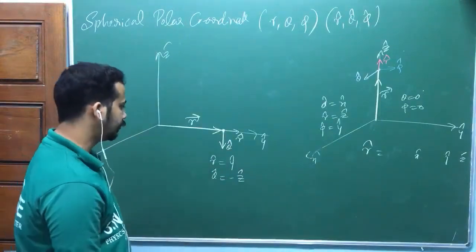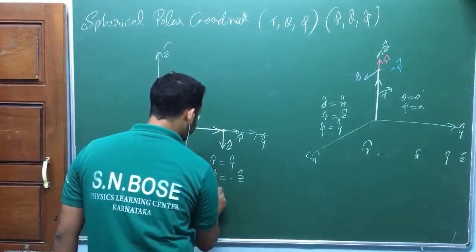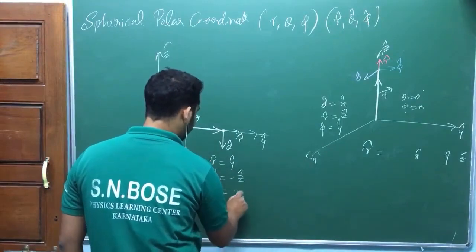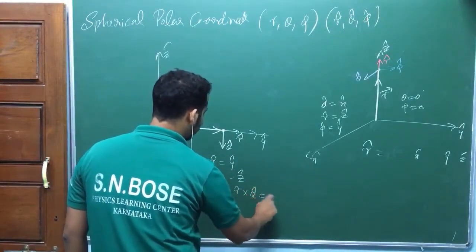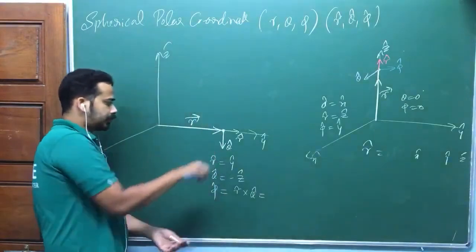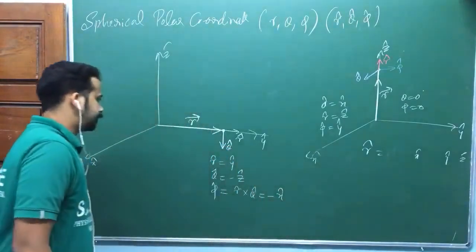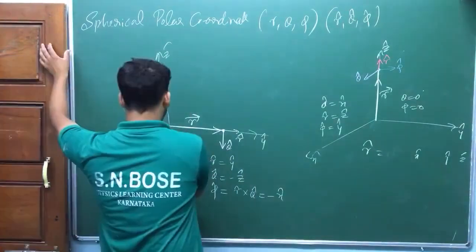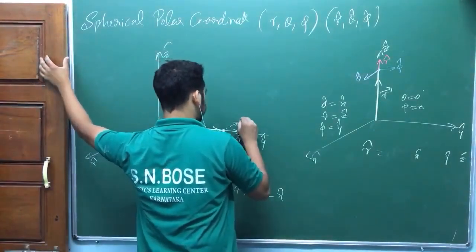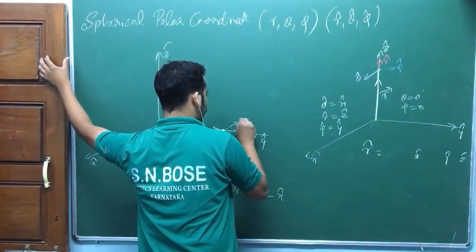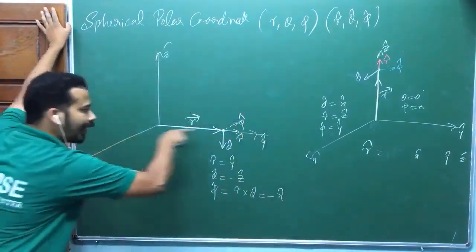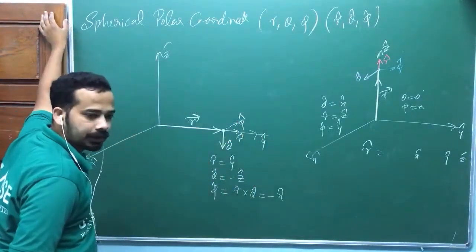I'm just comparing, okay? So now phi cap, which is the cross product r cap cross theta cap, is equal to minus x cap actually, am I right? Check this out. Y cap cross minus z cap. I have to draw it like this in the three-dimensional picture, that is the phi cap direction. On the y-axis, you will have r cap, theta cap, phi cap like this.